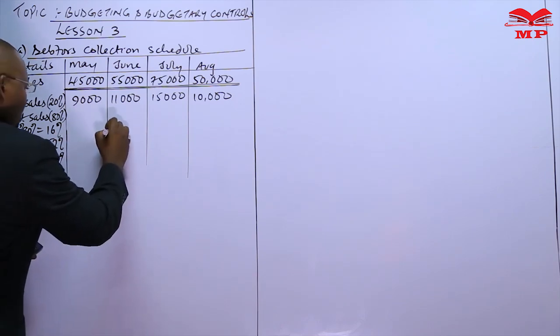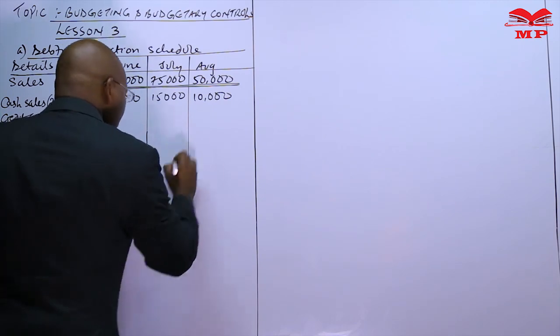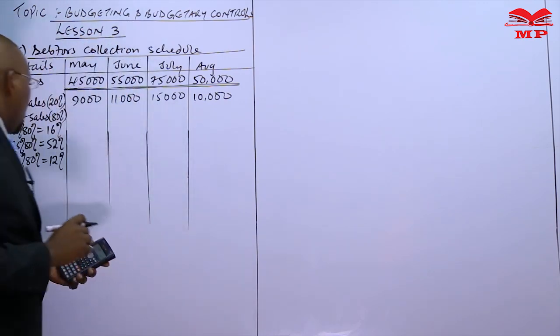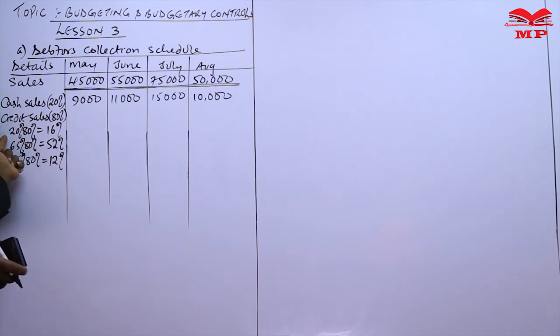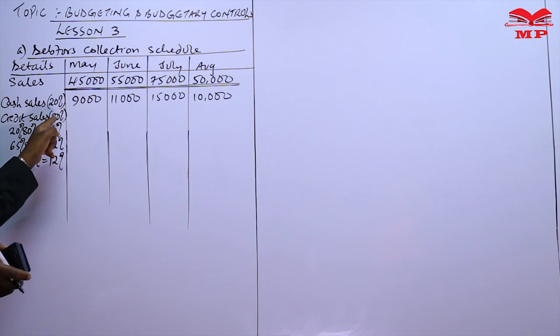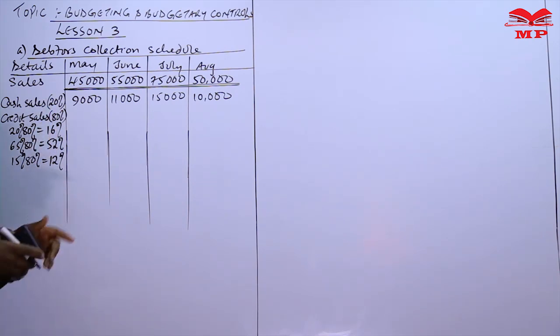Now, one thing to note, this is just working with the percentages. If you look at these percentages, comparing the 20, 65 and 15, which is 100%, and when you know very well that your credit sales is 80%, if you now add what I've derived, they will give you 80%.